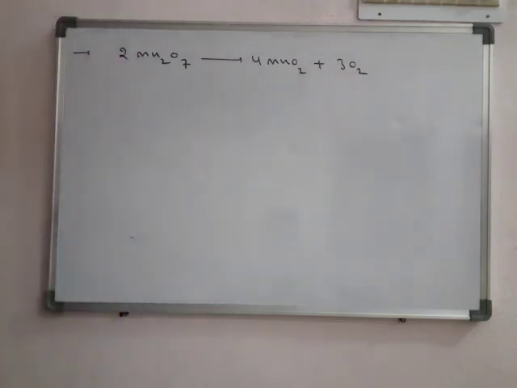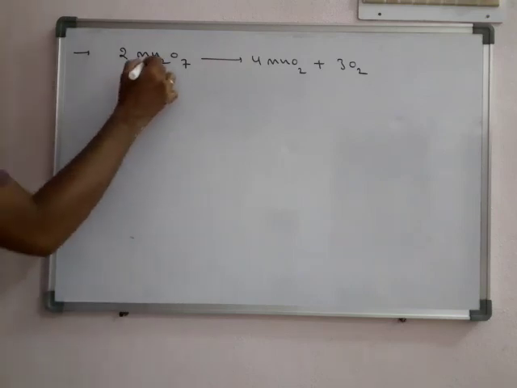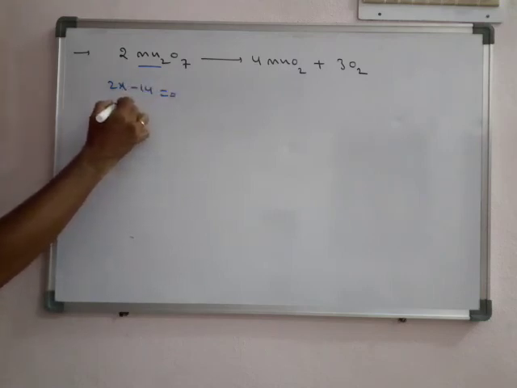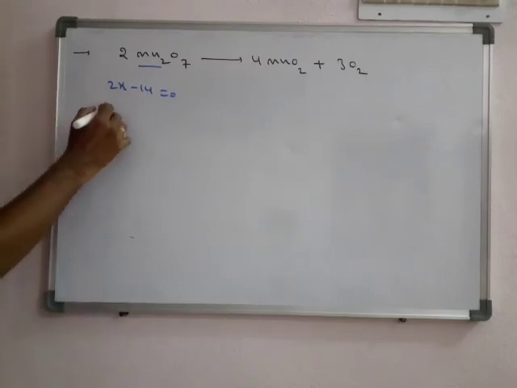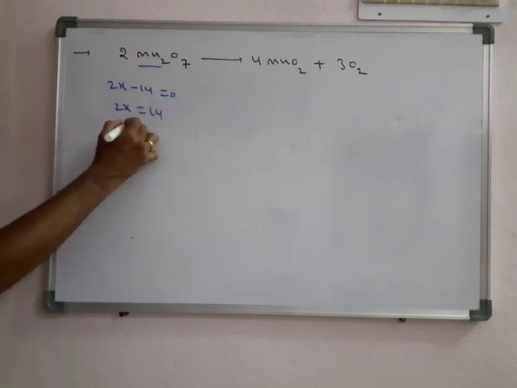Okay, see this. So here we can compare. What is the manganese oxidation number? So 2x minus 14 equals 0. So here 2 manganeses are present. Actually it should be an ion, okay, because we are getting fractional values. 2x equals 14.